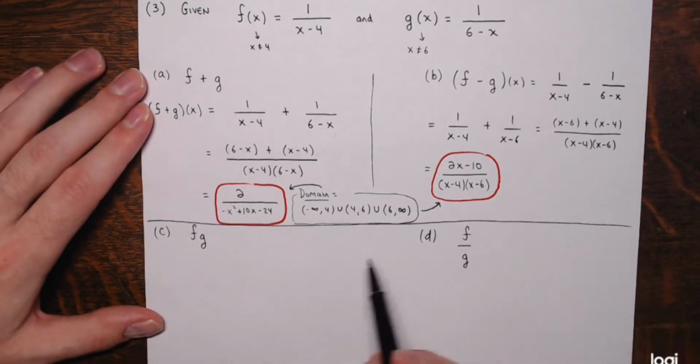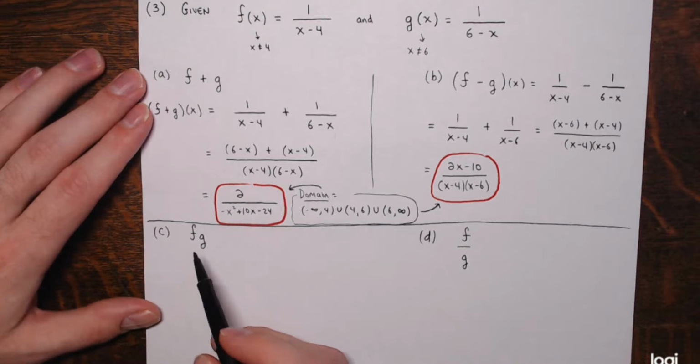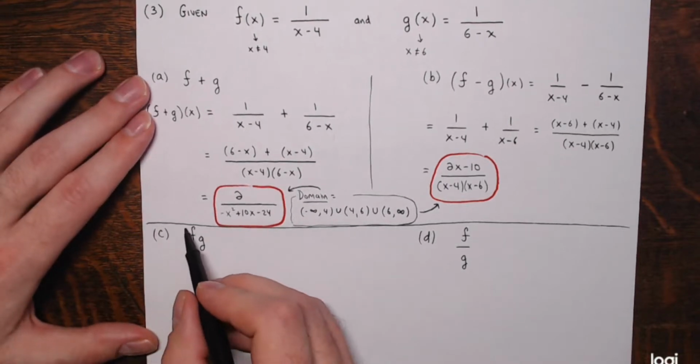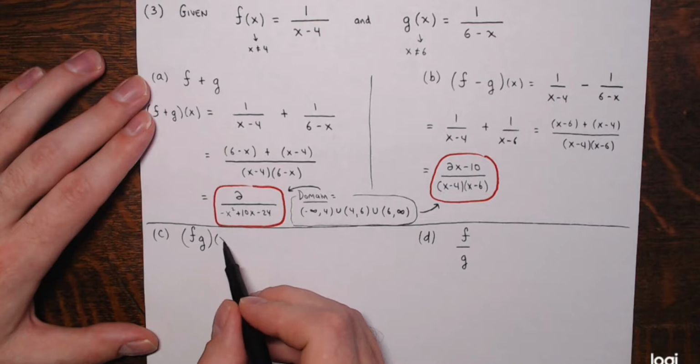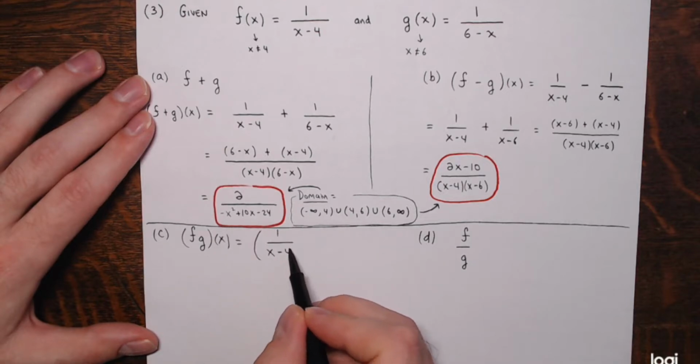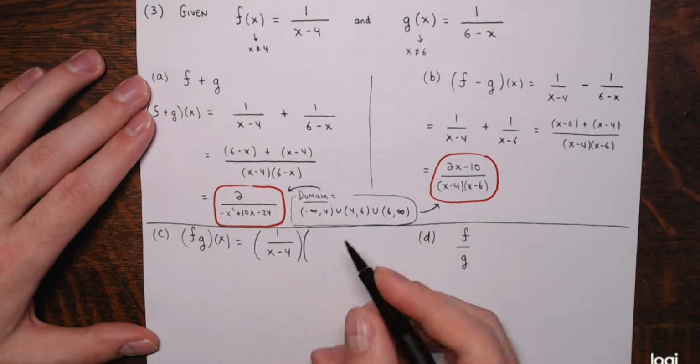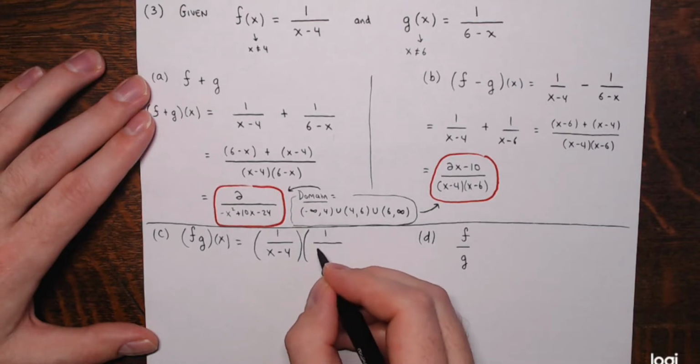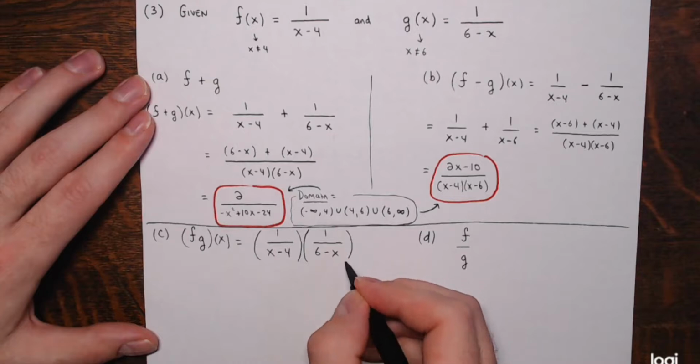All right, part C is multiply them. So again, fg or f times g of x is simply that. Take f, 1 over x minus 4, times g, 1 over 6 minus x. And it's really that simple.